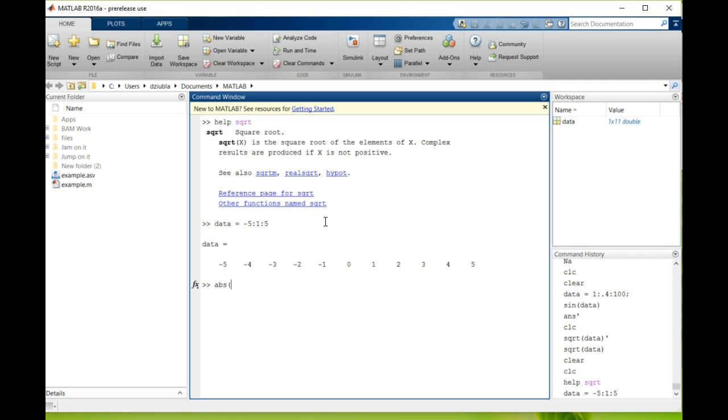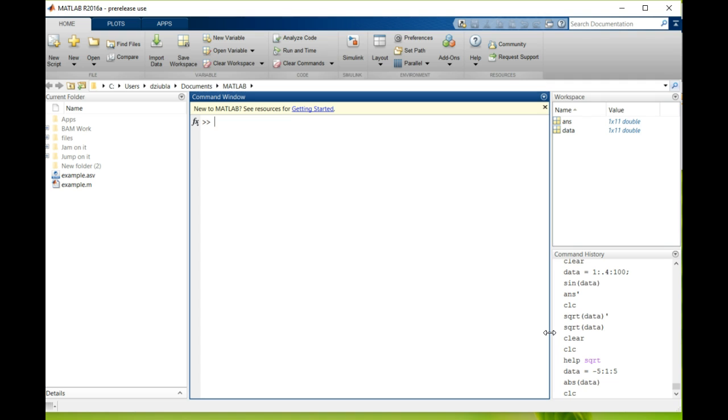If I say abs of data, it's just going to take, obviously, the absolute value of those ranges. Similarly, if I said sign of data, that is going to present the sign of the value. Seems a little weird, but it's showing here that all these were negatives, and it just turns them into a -1. This was 0 because no sign, and that was 1s. So that just gives you the sign of the value.